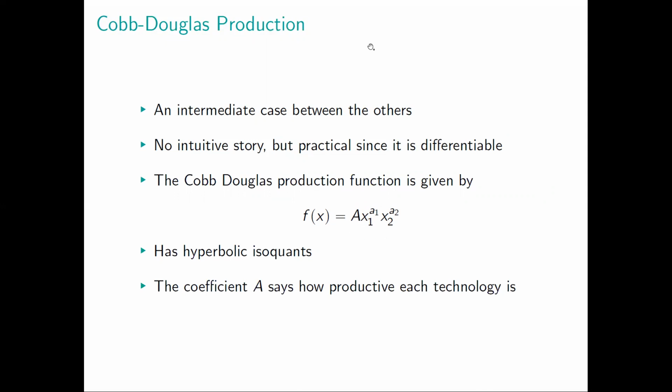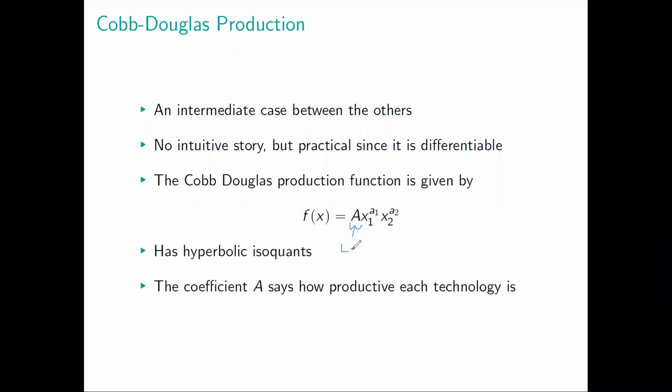So this capital A here is often thought of as a coefficient on level of technology. Because if you increase A, then you can just increase your output, right? Regardless of what your inputs are, it's scaling it up.